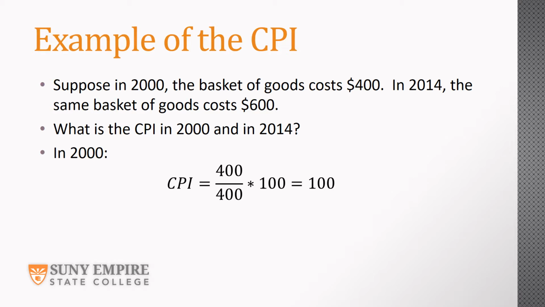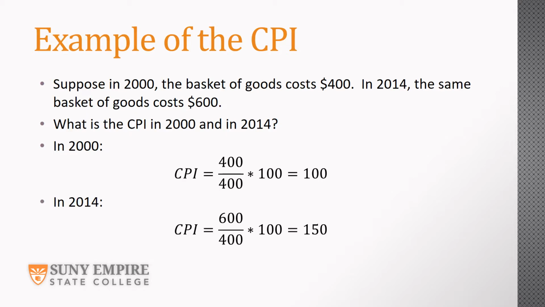What about the other year? In 2014, the basket of goods cost $600. Divided by the $400 cost in the base year, we have 1.5. Multiplied by 100, the Consumer Price Index in 2014 was 150.